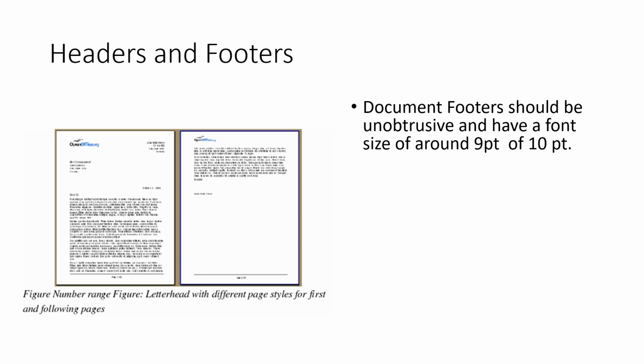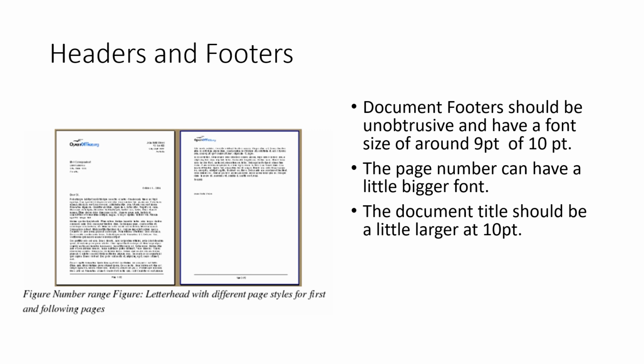So a font size of about 9 or 10 is probably going to do you good. Page numbers you can throw in. If you're going to put page numbers down there in the footer, it can have a little bigger font than the 9 or 10, depending on what you got going.